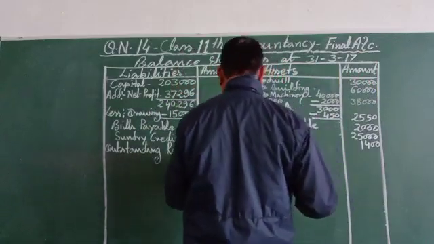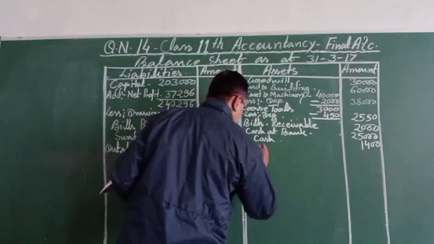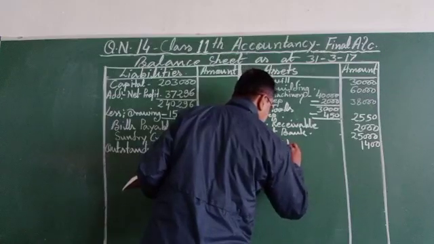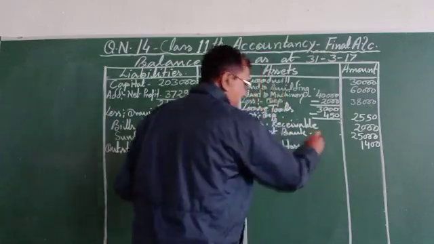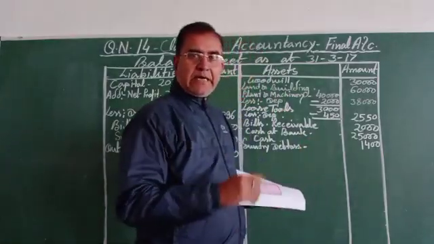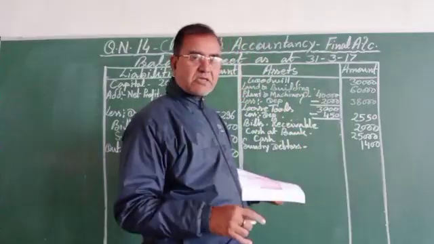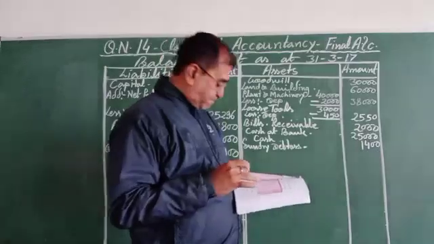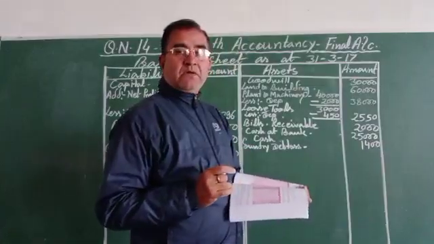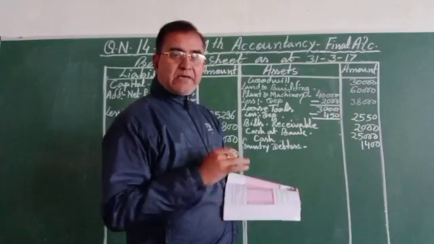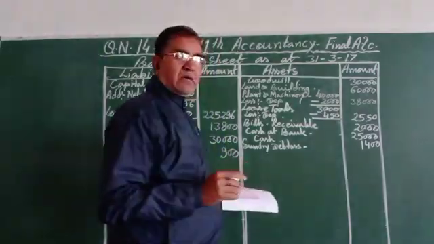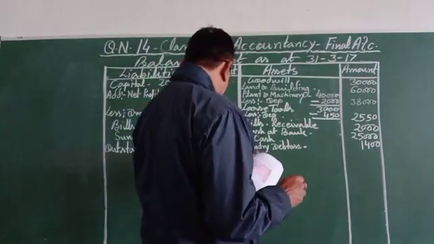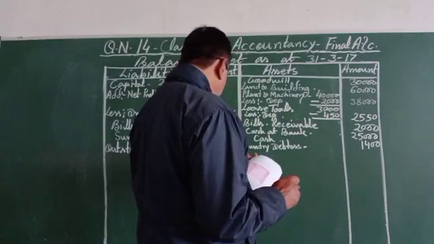Then sundry debtors. It will be written inside the column. Because of the additional information, provision for discount and provision for bad debts are given, so these will be deducted from the debtors. Debtors amount given is 45,000.